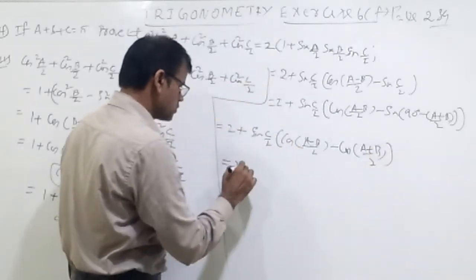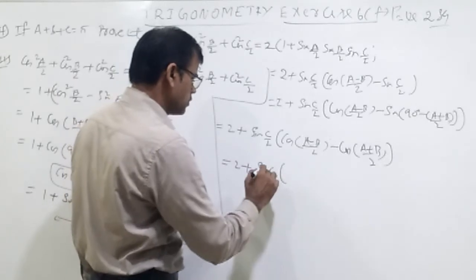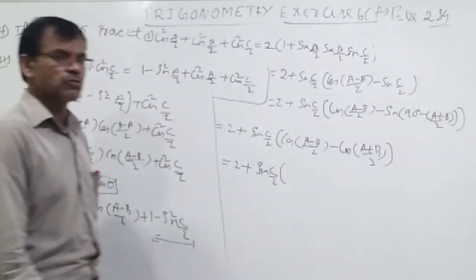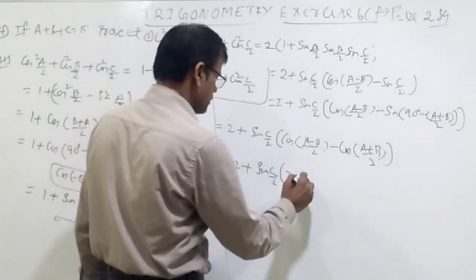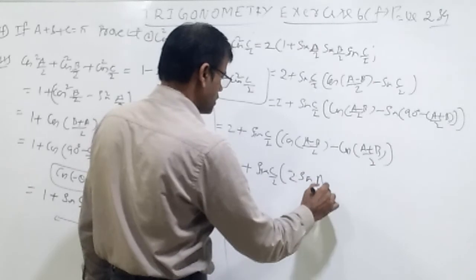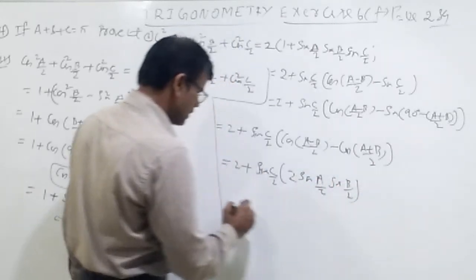That is equal to 2 plus sin c by 2 into, we know the formula cos a minus b minus cos a plus b is 2 sin a sin b. So write like this: 2 sin a by 2 into sin b by 2.